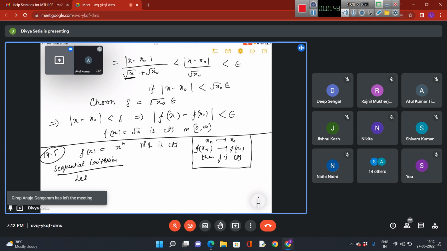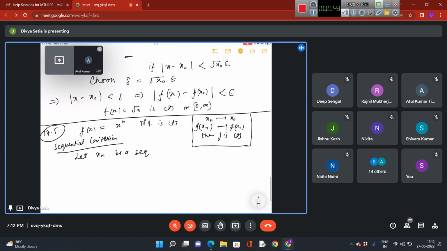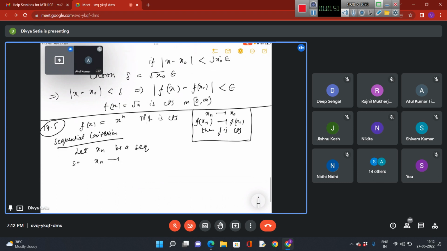So let's start with any sequence. Let xn be a sequence such that xn converges to x naught. Now what? What about xn raised to power n?